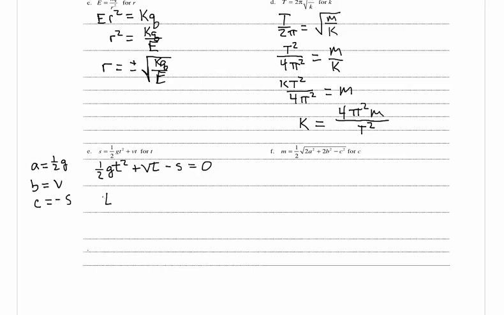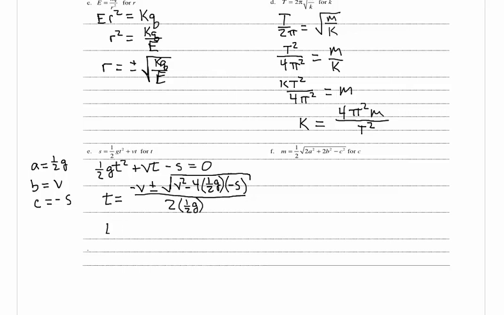So we have t is equal to negative b, which is negative v, plus or minus the square root of v squared minus 4 times a, which is 1/2 g, times c, which is negative s, divided by 2a, so 2 times 1/2 times g.